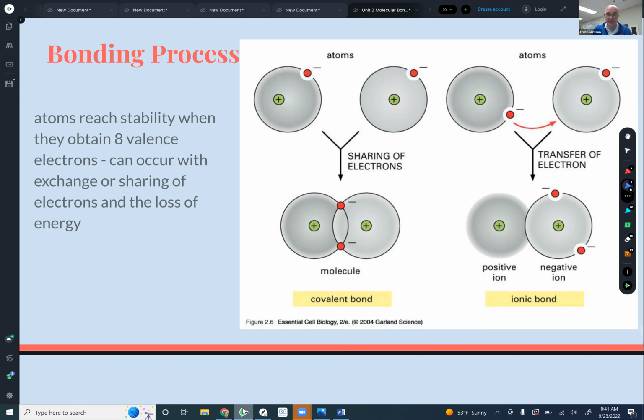We cannot have 8. That just doesn't exist. There's not enough room for that. But there is enough room in between the atoms for 2, 4, or 6 of the electrons to fit in there. So we would call that single bond, double bond, or triple bond. But the goal of all bonding is to achieve a stable octet, unless you're hydrogen, which only wants 2.